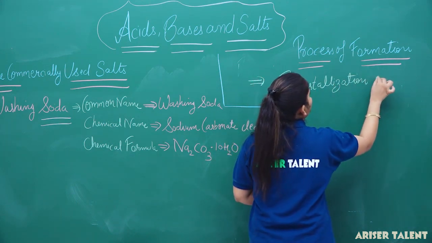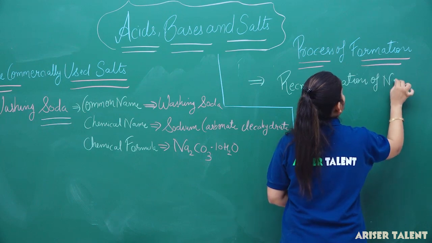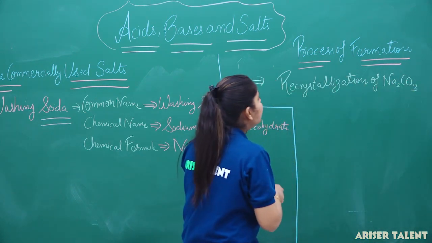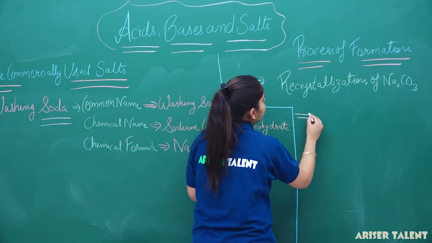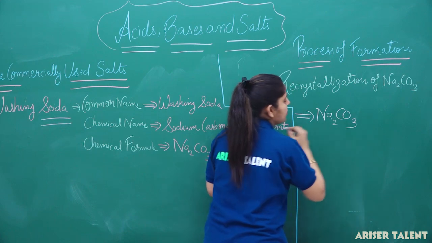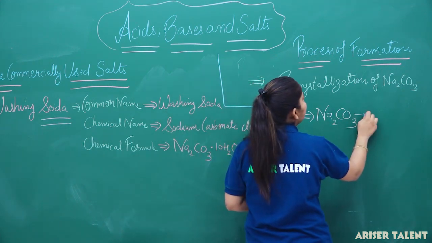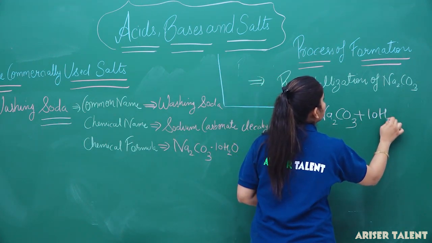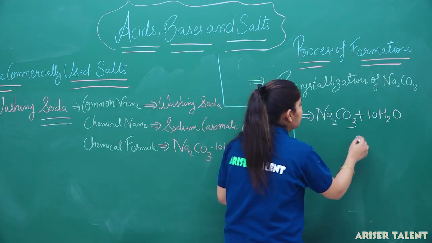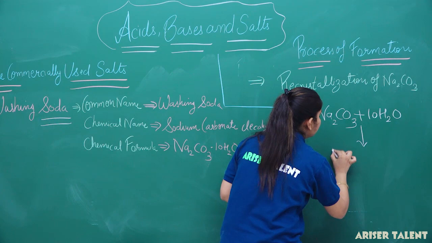So the name of the process is recrystallization of Na2CO3. Now, what will be the general reaction for this equation? That is Na2CO3, sodium carbonate, is going to react with 10H2O. It means recrystallization occurs, and what we will get in the product side?